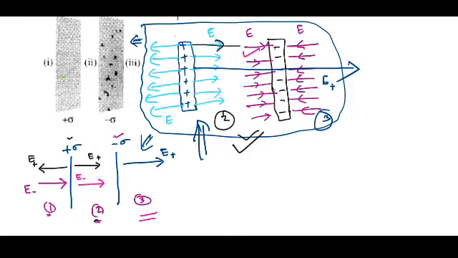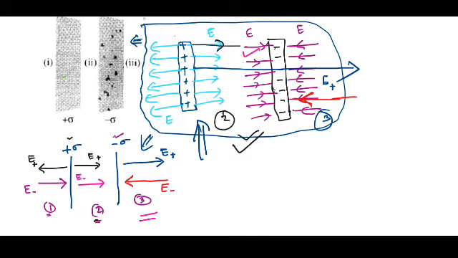In the same region 3, the electric field due to the negative charge is coming into the negatively charged sheet. Therefore, the electric field lines will be towards this, E minus.